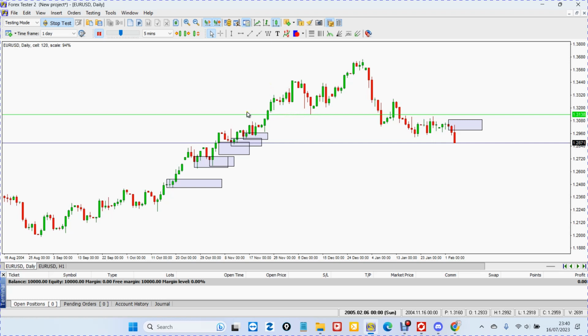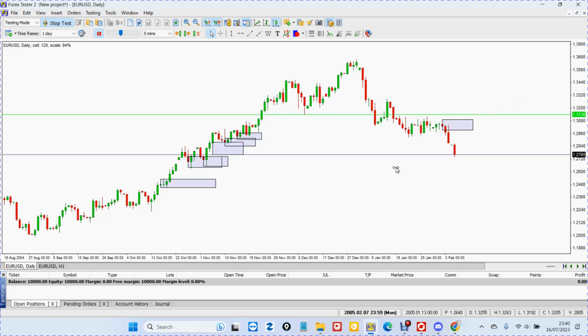There is no basing area in here. So now we have a drop base rally, original and then fresh until it's touched. That's the difference between original and fresh. So here is a fresh level.